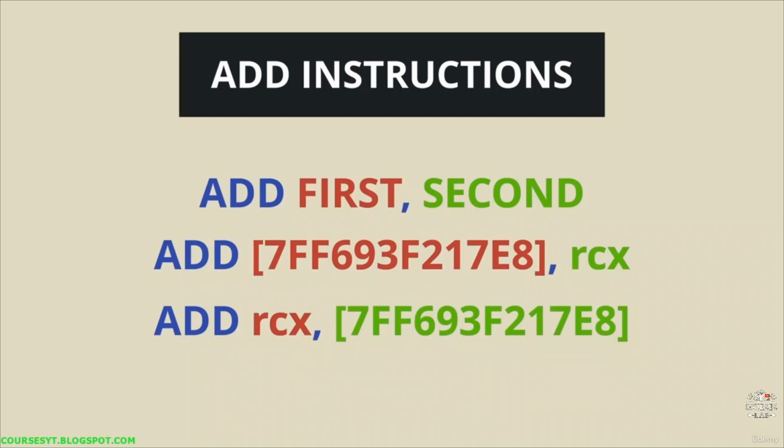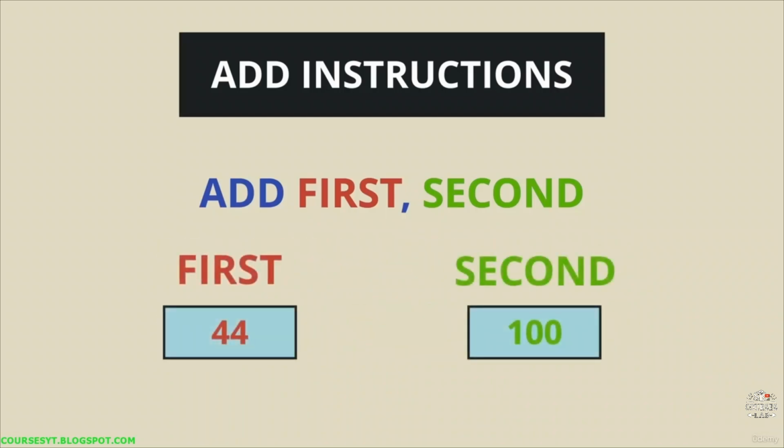It's kind of rare that we see directly a number used with the add instruction. Usually it's going to be a register and an address. And now the result of the add instruction is always saved inside the first box that is mentioned. So if for example, in this case, the first box holds 44 and the second box holds 100, after the operation runs, the first box will contain the number 144.